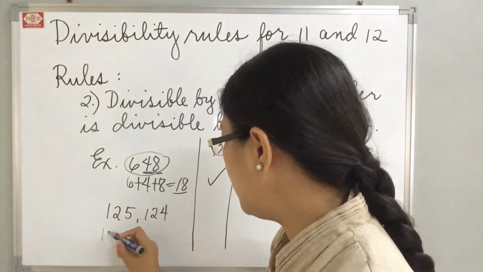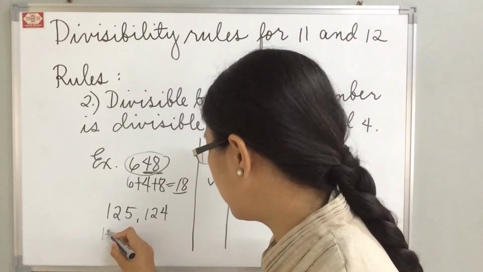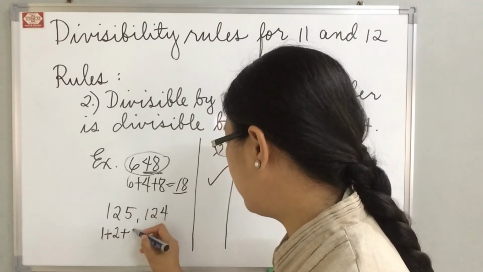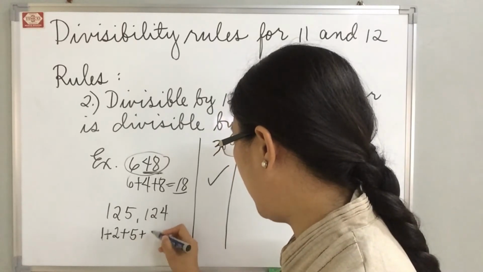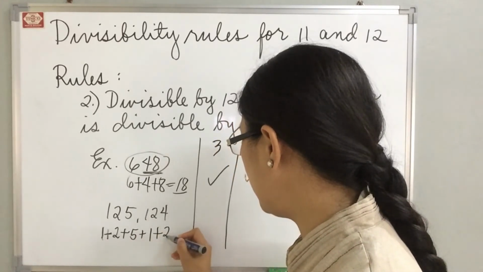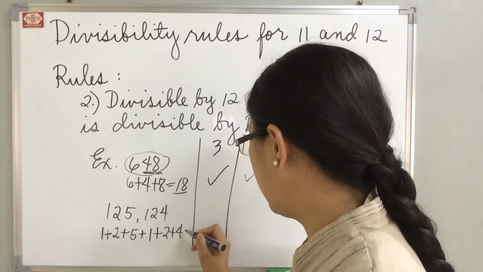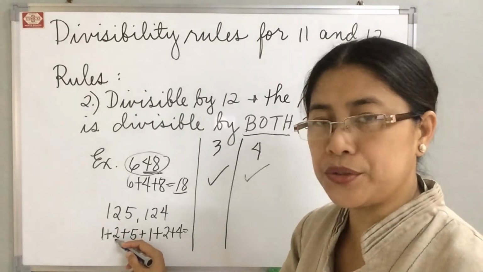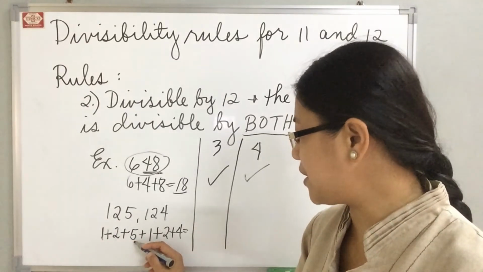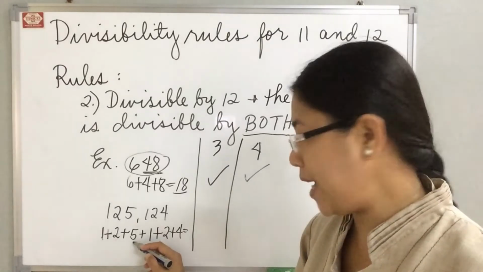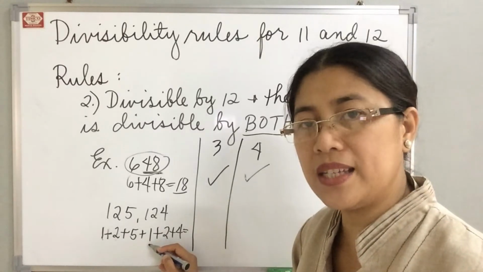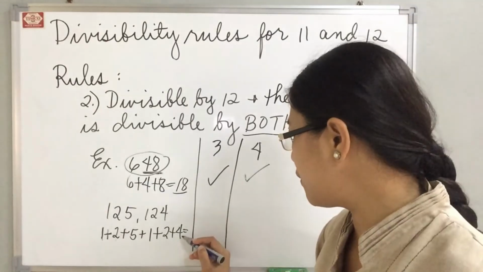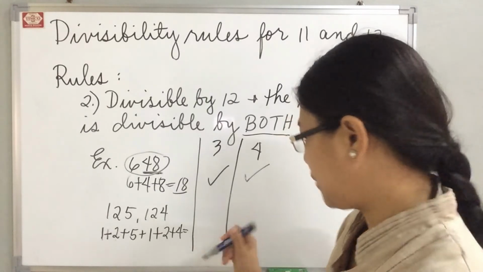So, 1 plus 2 plus 5 plus 1 plus 2 plus 4 equals. So let's add. 1 plus 2 is equal to 3. 3 plus 5 is equal to 8. 8 plus 1 is equal to 9. 9 plus 2 is equal to 11. And 11 plus 4 is equal to 15.